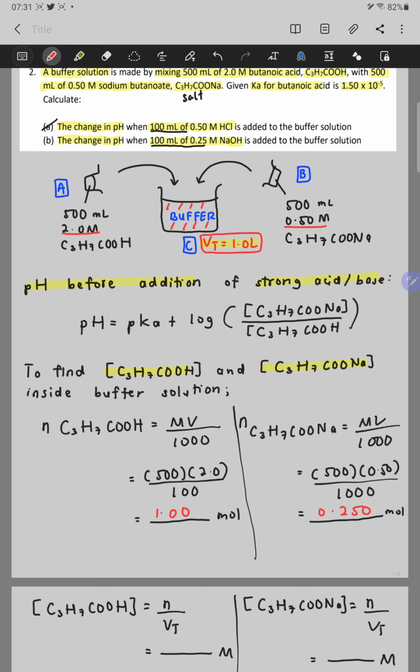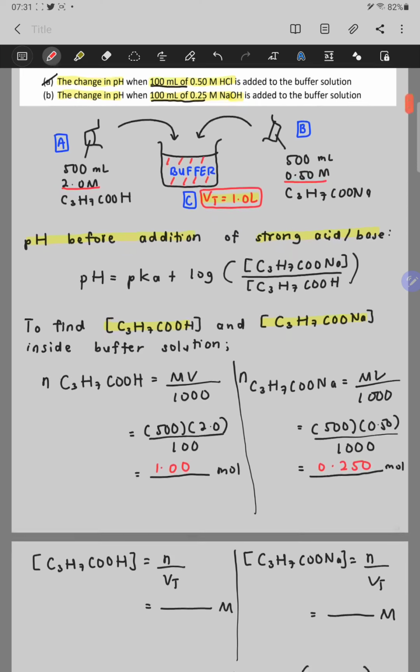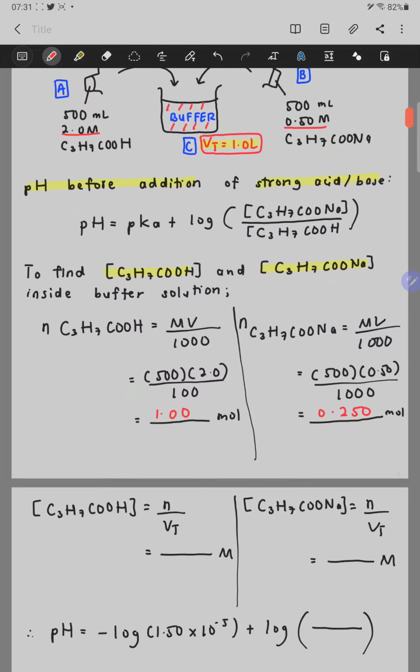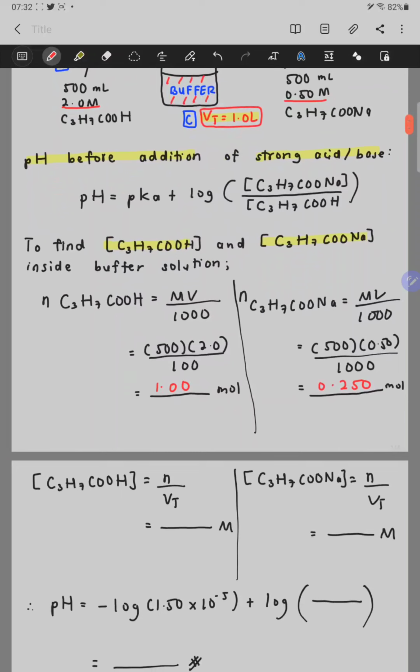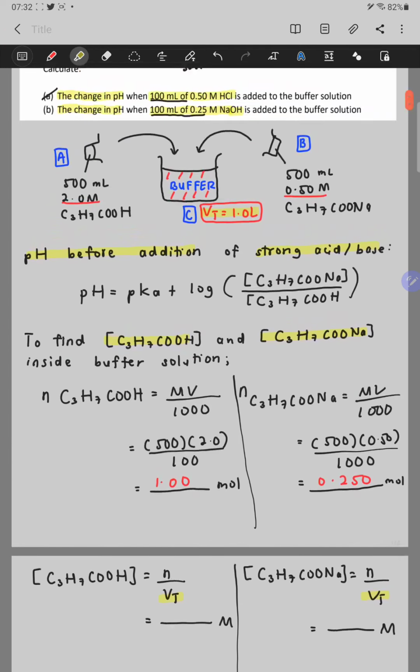Okay, so bila dah dapat number of mole, baru kita akan cari concentration of weak acid and salt inside the buffer solution. Kita akan gunakan formula mole over V. So V ni sekarang adalah volume total untuk buffer solution tadi, which is 1 liter.